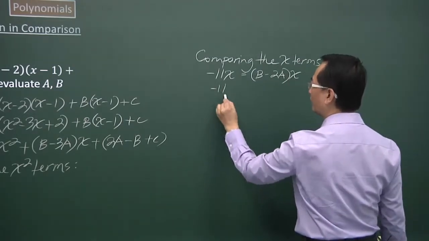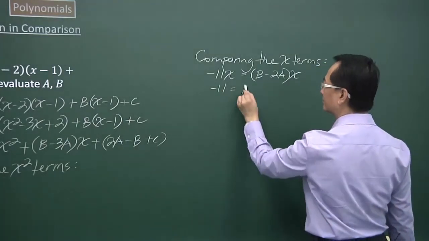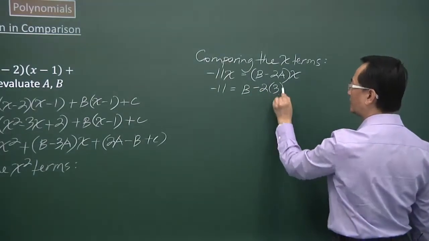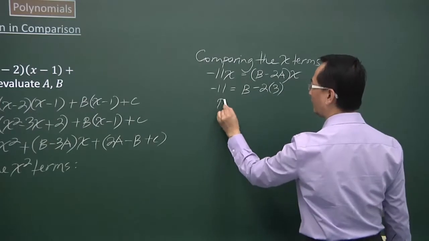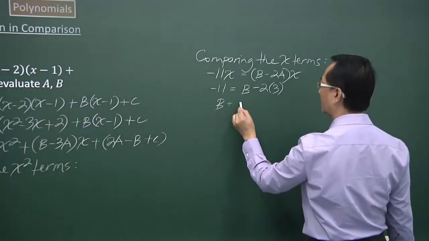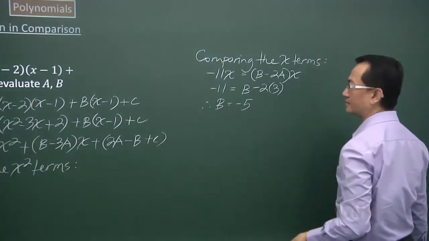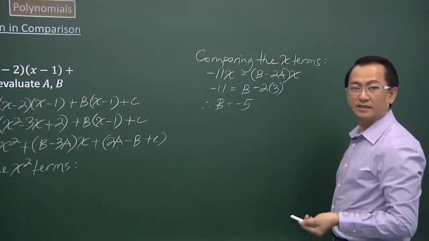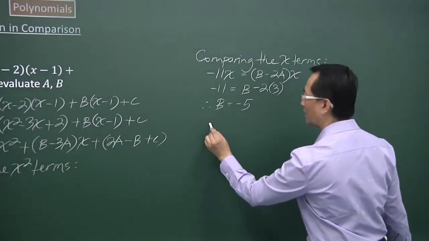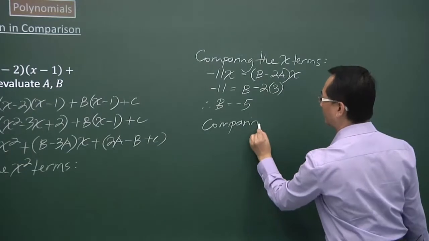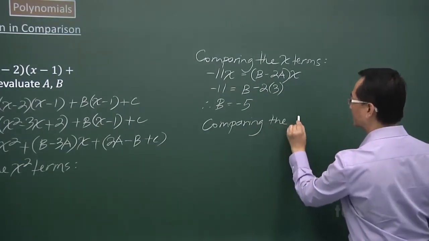So when I remove the x and substitute 3 into the a, b will become negative 5. Lastly, I make a comparison of the constant terms.